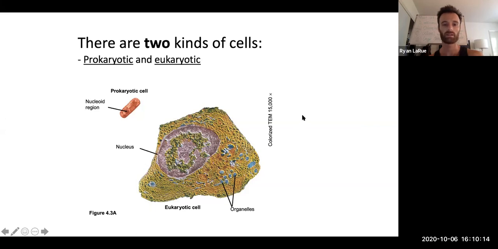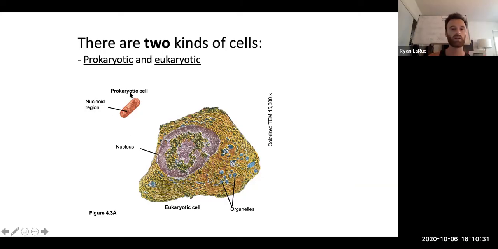But I just want to tell you, as a sending off note, if you'll notice, going back to sharing here, prokaryotic cells are very small compared to our eukaryotic cell here, much larger. But a key difference between prokaryotic and eukaryotic cells is that eukaryotic cells, our larger cells, have organelles.